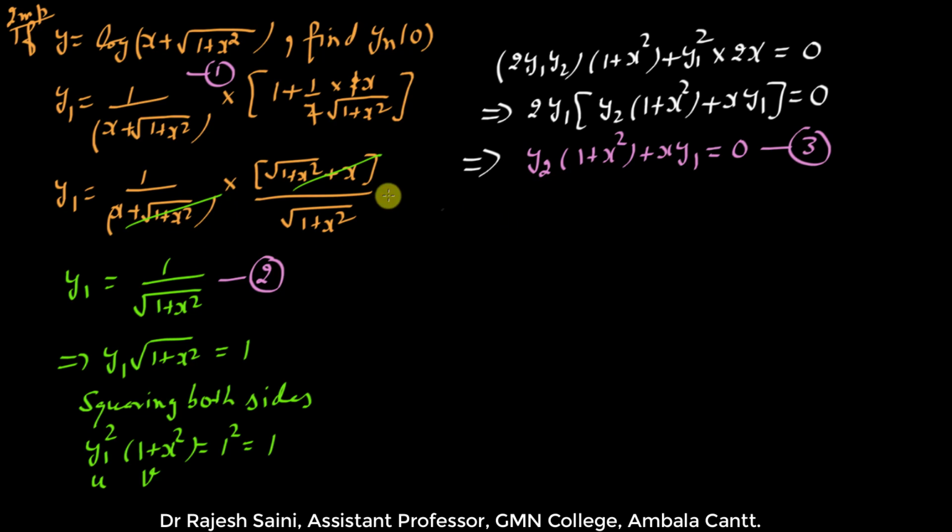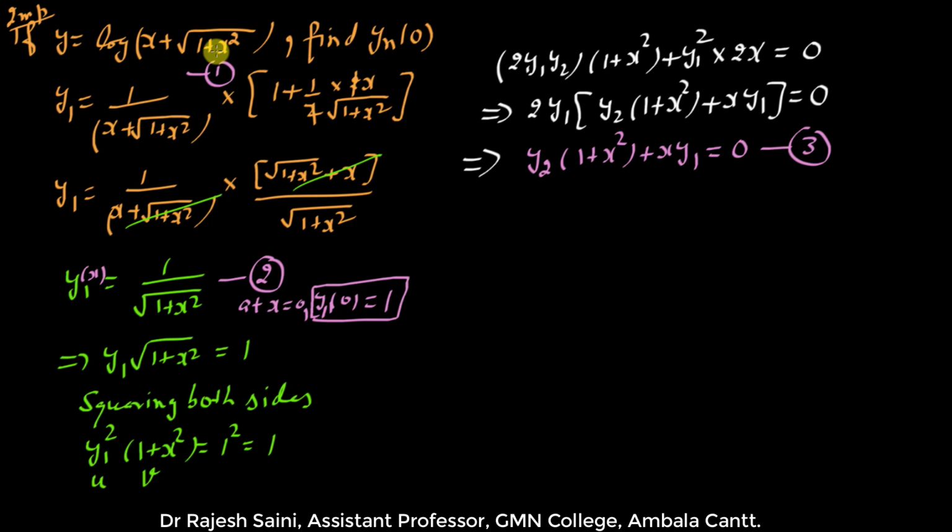Fine. So simultaneously you keep on finding y1(0). So here if this is y1 and no argument is given, it is obvious that its argument is x. Because ultimately we have to find that x is equal to 0, so y1 at x is equal to 0, y1(0), when you put x as 0 over here, 1 by 1 is equal to 1, so you have to keep this value saved. y1(0) is equal to 1.